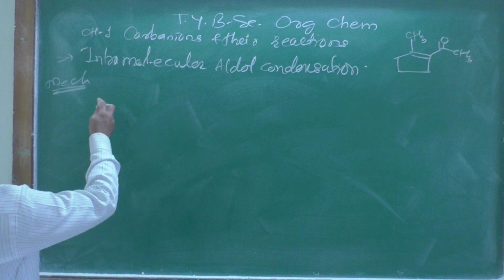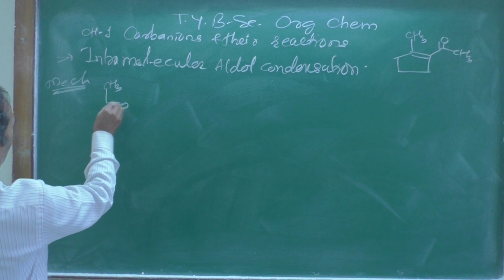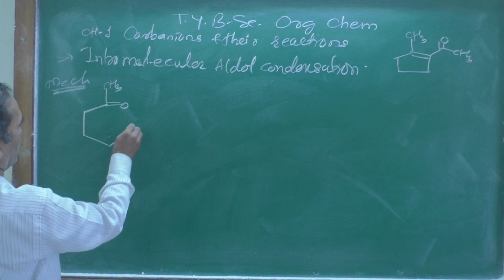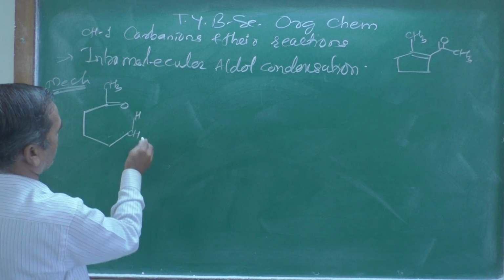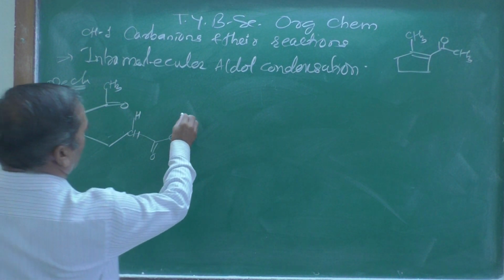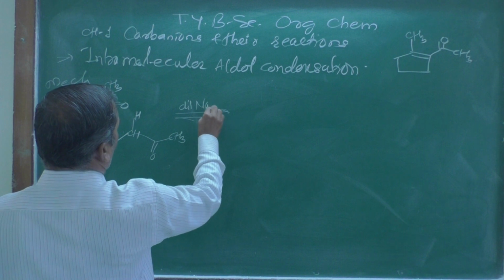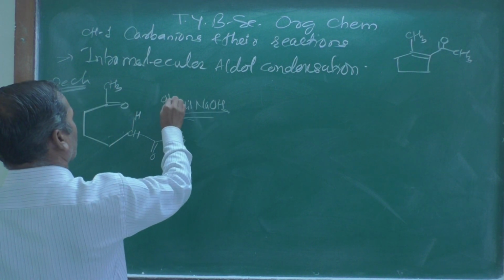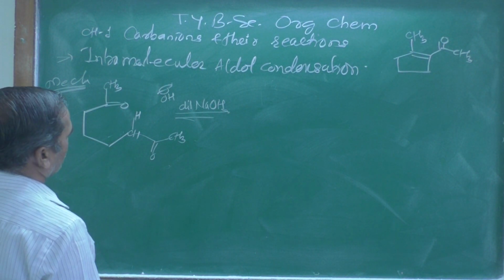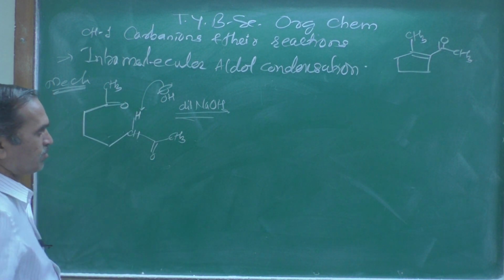Here I am writing CH3, then the carbonyl group, CH2, and for convenience C double bond O and CH3. The first step uses dilute sodium hydroxide. OH minus is a base, and its function is to abstract the acidic proton. Which one is more acidic?